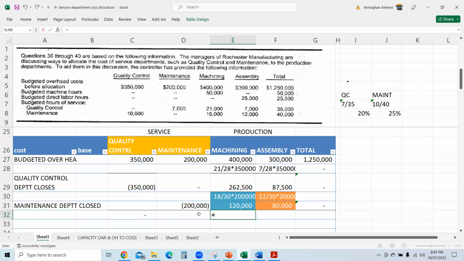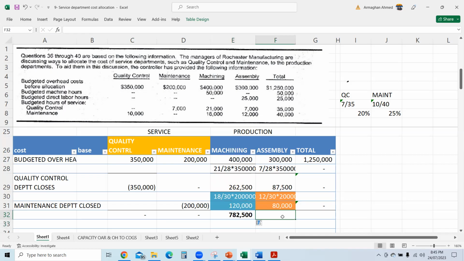And here, how much cost? We have 3 costs. One is machining's own cost, plus how much allocated, 262, quality control 2,500. 262 plus how much allocated of maintenance, 120. That is 782,500, right? Yes.